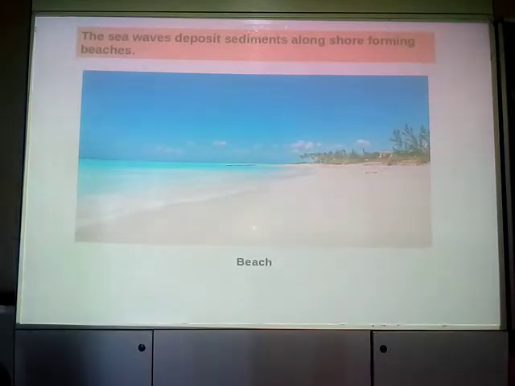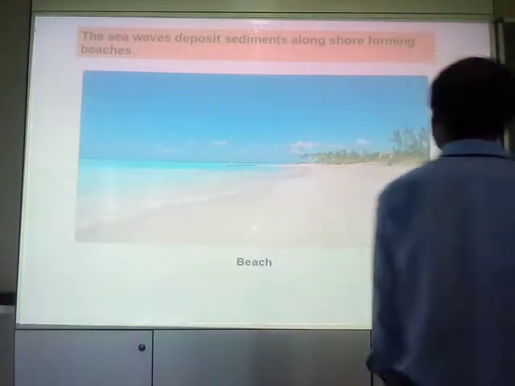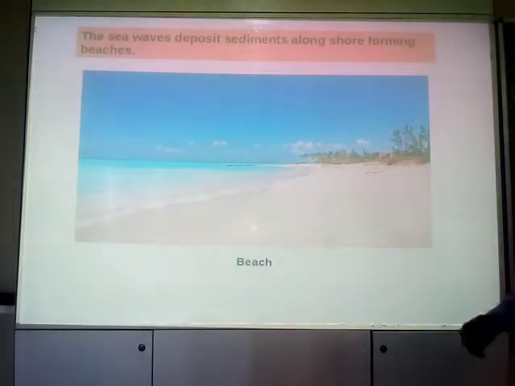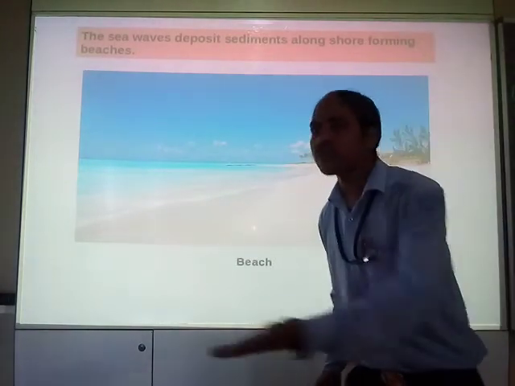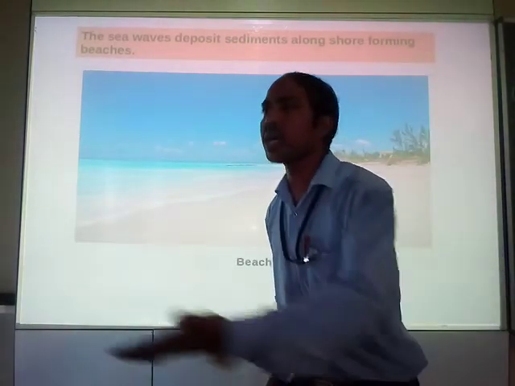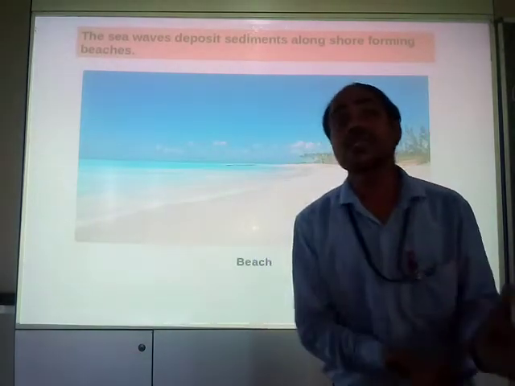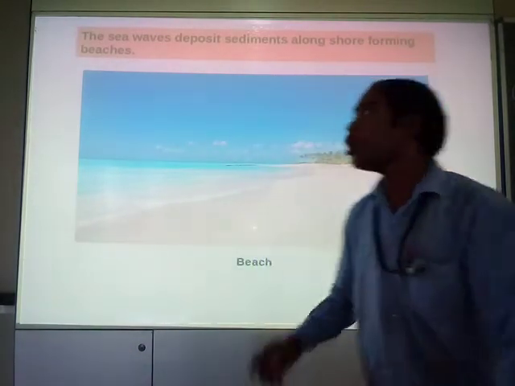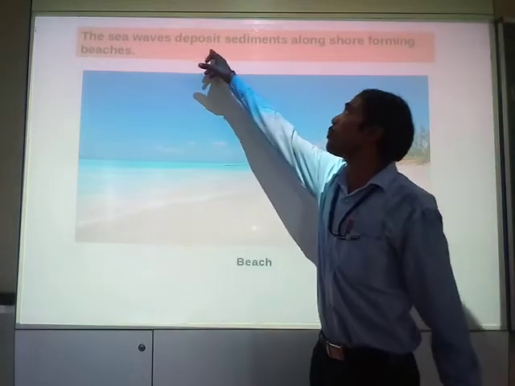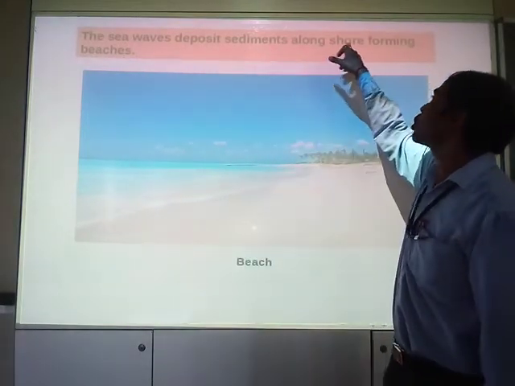After that, suppose the sea wave deposits sediments. Whenever a river flows, whenever the sea wave comes, it carries with it sand, silt and several other materials, isn't it? So the sea waves deposit sediments along the shore.